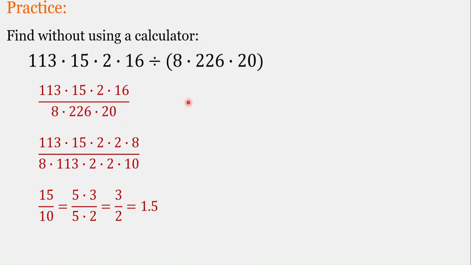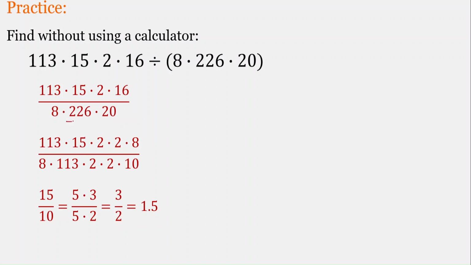Again, we're going to use the definition and properties of division to simplify this problem. First thing is we converted division into multiplication, so the divisor became the denominator. And then we start factoring both the numerator and the denominator, looking for common terms in both that can be canceled out. So in this case, we had 113.